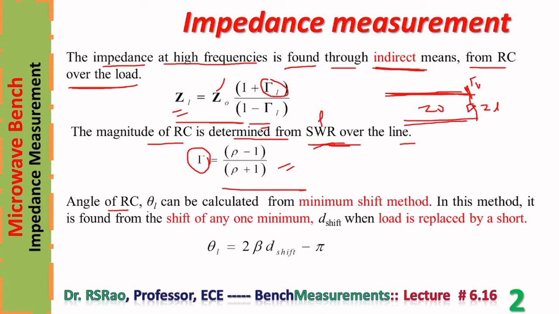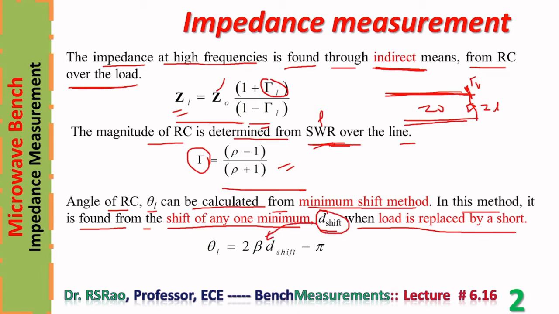The angle of reflection quotient, theta L, can be calculated from the minimum shift method. In this method, it is found from the shift of any one minimum, D shift, when the load is replaced by a short. Experimentally, D shift is determined and substituted here to find theta L. Beta can be found from the defining relation 2 pi by lambda g.